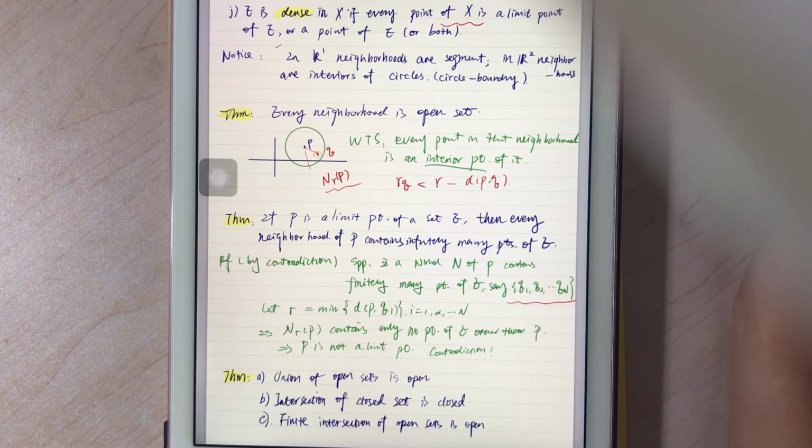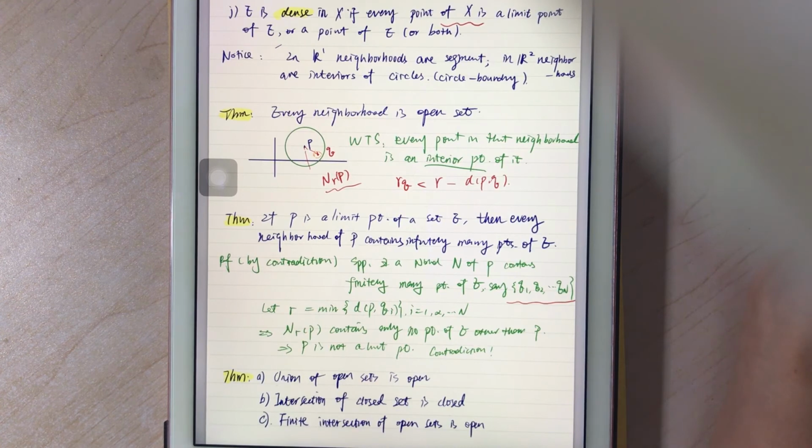And now we are given finitely many points of E, right? Since it's finitely many, we can find the smallest distance. And if we take a smaller distance than the smallest distance, we're not gonna find any other points, because all other points have distance larger than R. That's the reason why we take R to be the minimum distance of PQi.